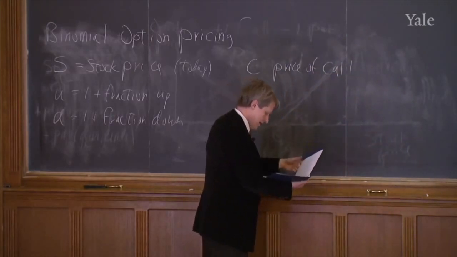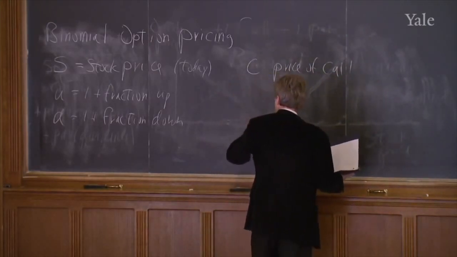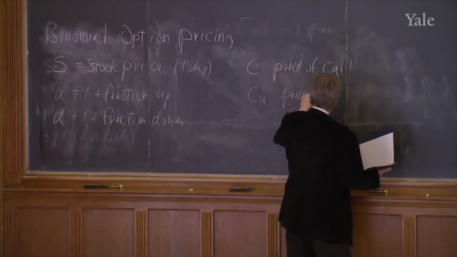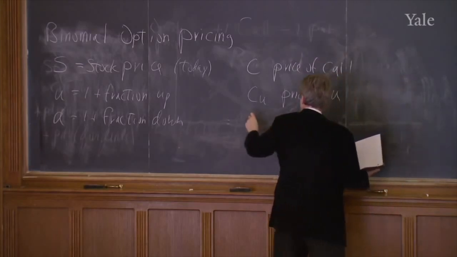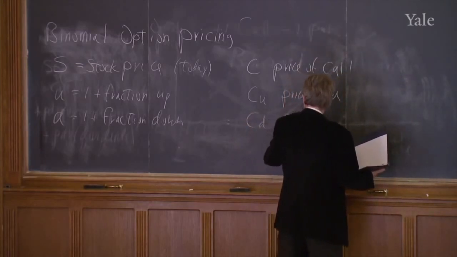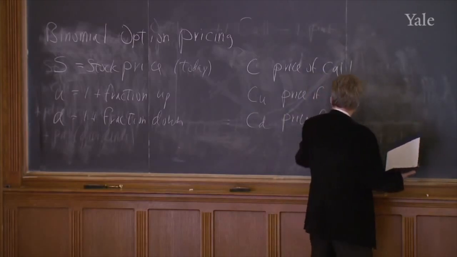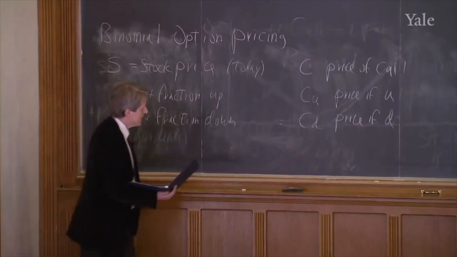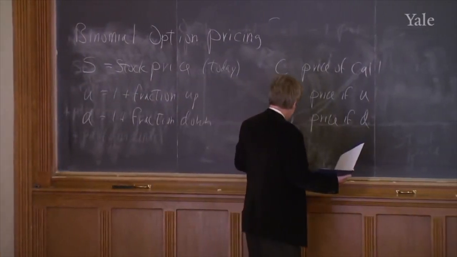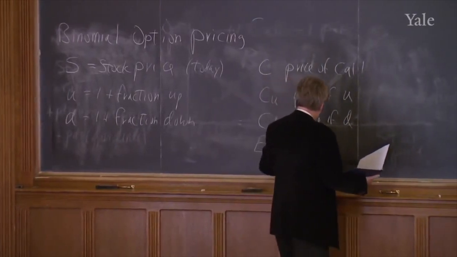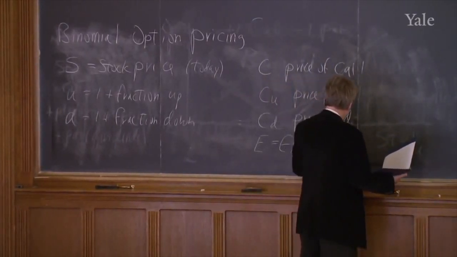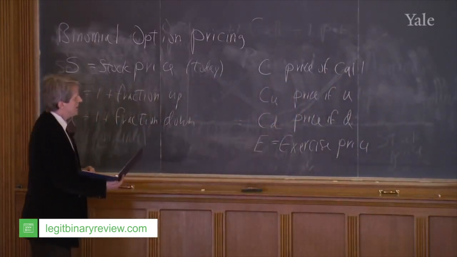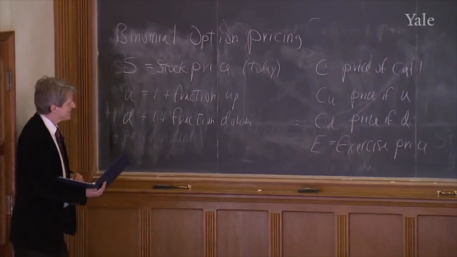But we know from our broken straight line analysis what C_U is, the price if the stock goes up, and we know what C_D is, the price if down. Okay? So suppose the option has exercise price E. You understand this world? Simple story.